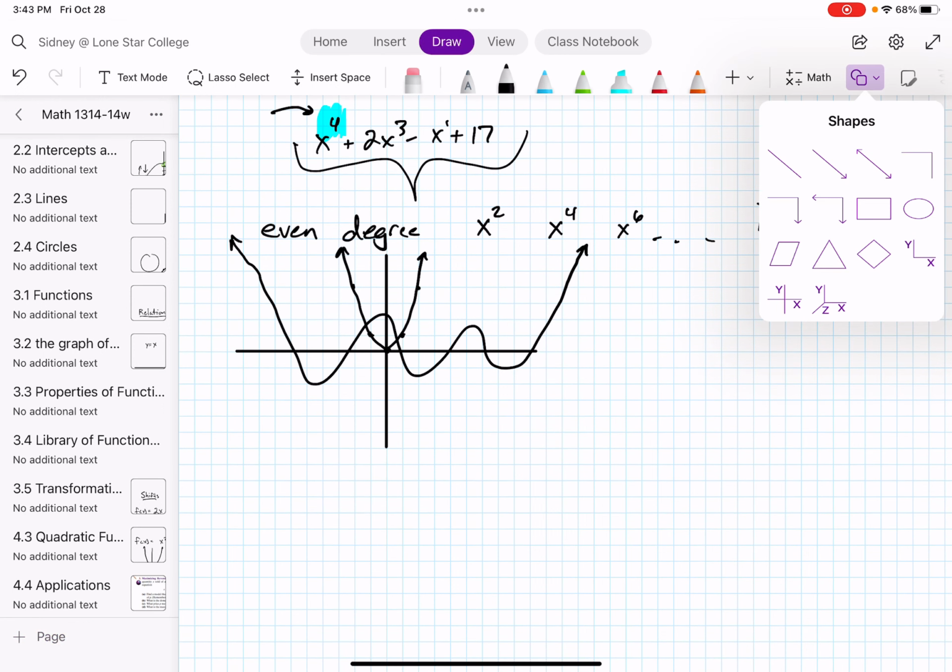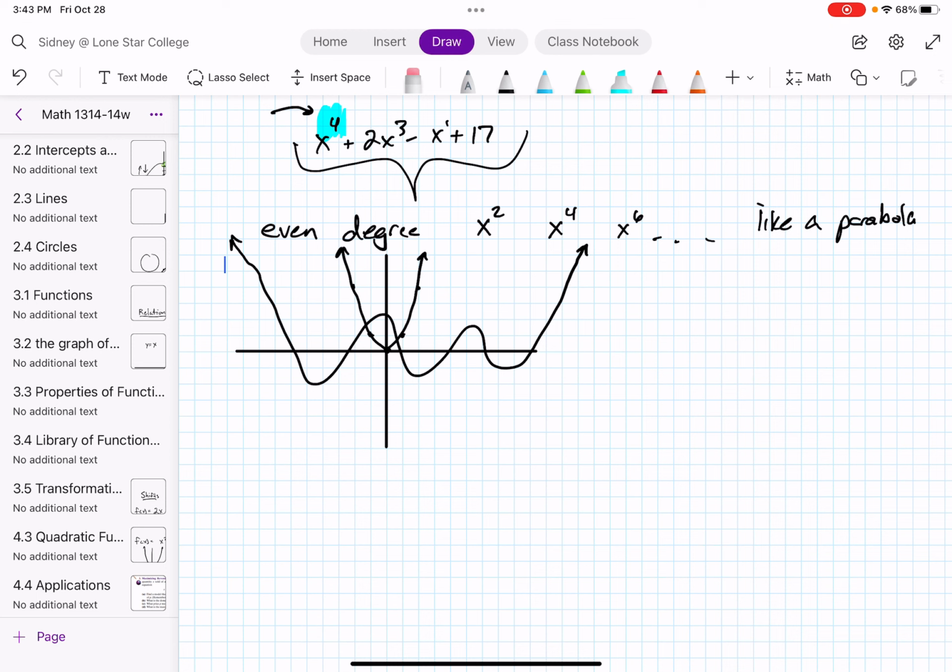Now, when you look at transformations, it is absolutely the same as parabolas. And what I mean by that is this. If we think about a reflection over the x-axis, as in a concave down parabola, that is also true. If I have a leading coefficient that is negative and has an even degree, there's going to be some amount of interesting stuff that happens in the middle.